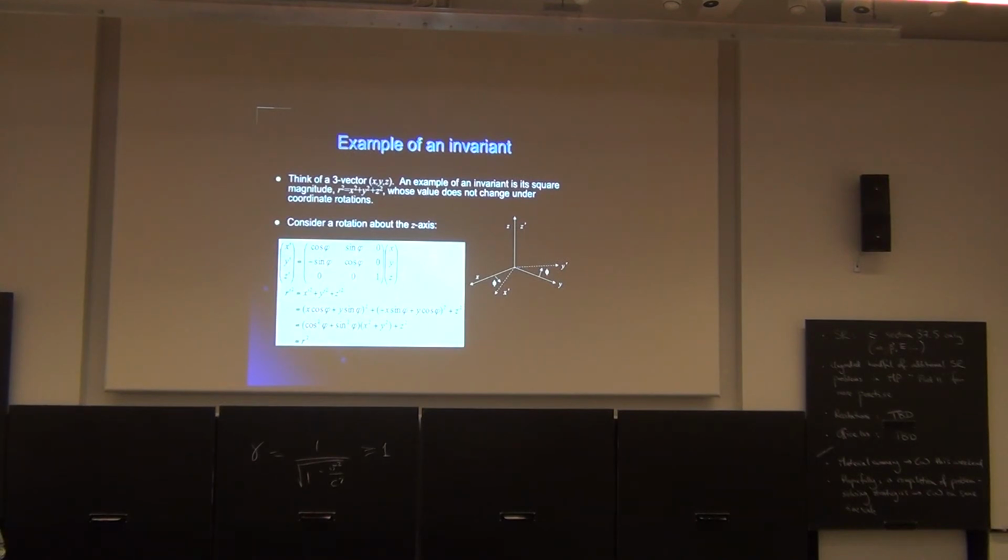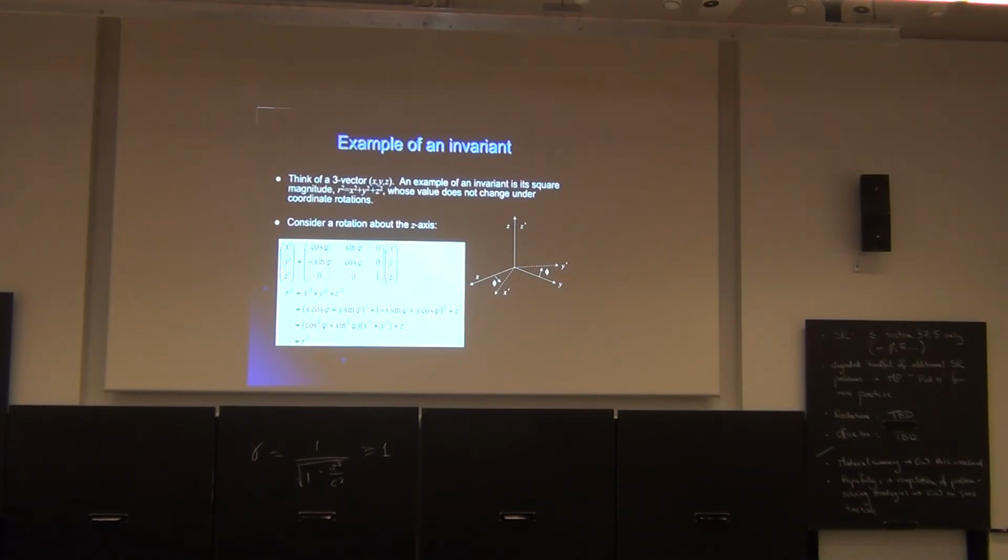So the distance from the origin in these two reference frames, related by a rotation, is the same. This is an invariant quantity under this transformation. A simple example, but I just want to give you a sense of what we're talking about here.